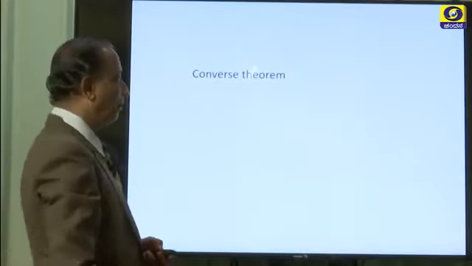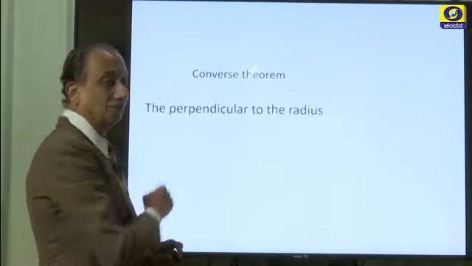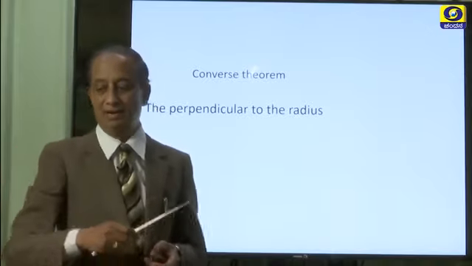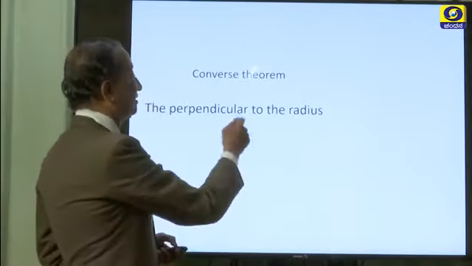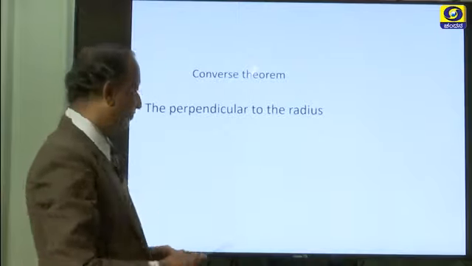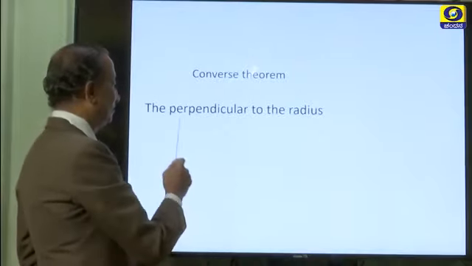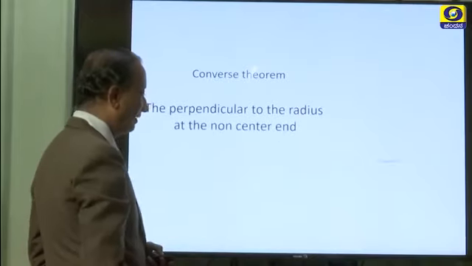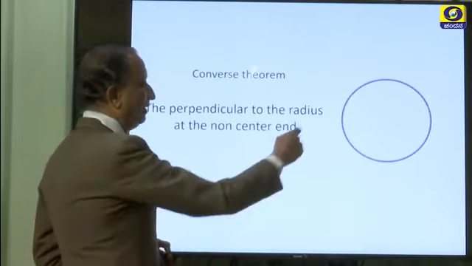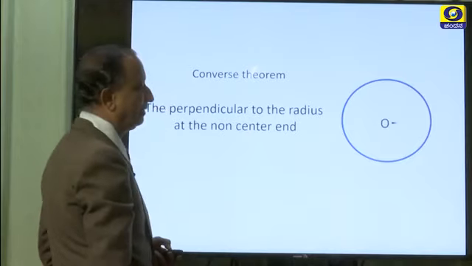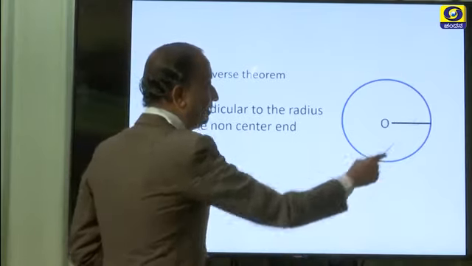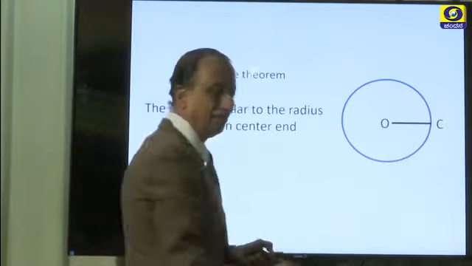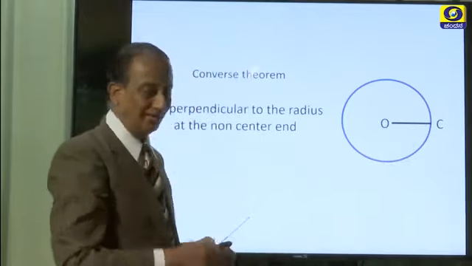Now, the converse of the theorem. Whatever we have just now understood, the radius and the tangent theorem, let us try to understand the converse to that theorem. The statement is this: the perpendicular to the radius at the non-center end. Here is a circle, here is the center O, this is the radius, and any line segment will have two ends.